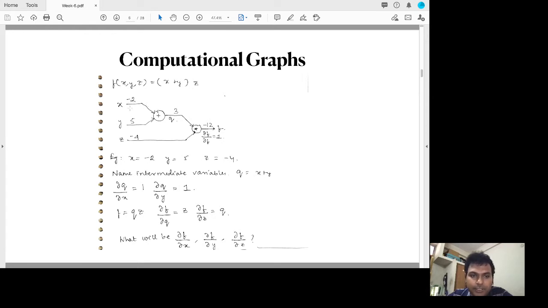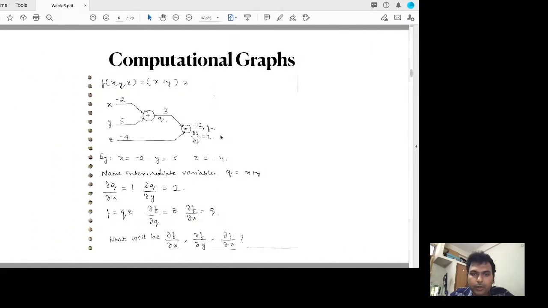The bottom of the arrows will be reserved for gradients. I'm not talking about gradients now, so just consider the top values to be the inputs. As you can see, -2, 5 and -4. So -2 and 5 after getting added give you 3, which being multiplied by -4 gives you -12. So for these particular values of x, y and z, you get the value of f to be -12.